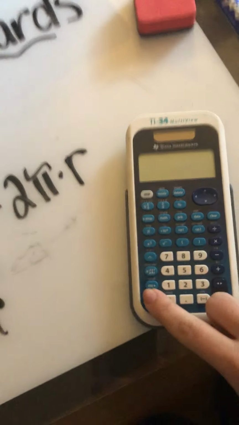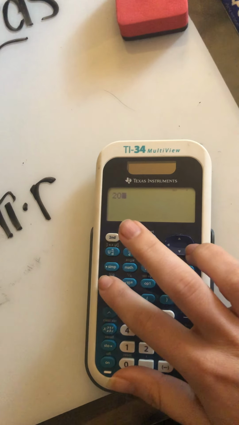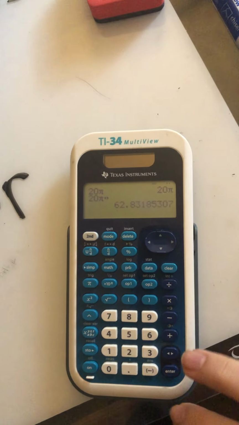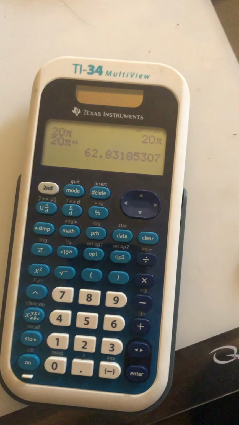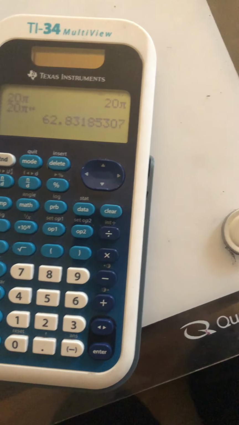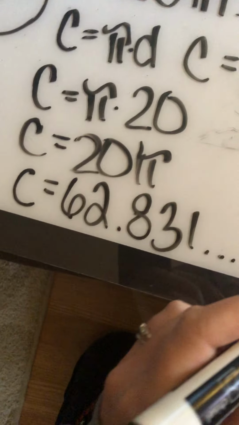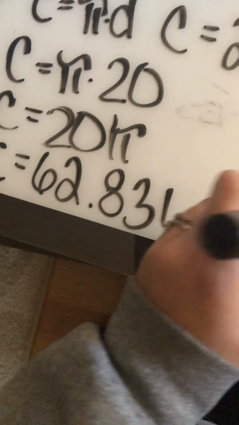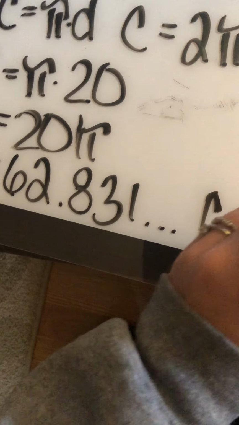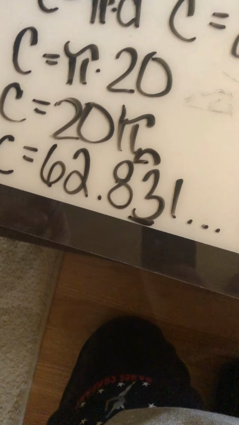And then if I take my calculator, I would check that. It would be 20 times pi. And that would give us C equals 62.831 and so on. And then we would round that again to the nearest tenth. So this would be C equals 62.8 because the 3 would keep the 8 there.